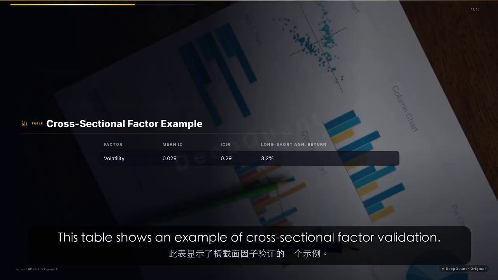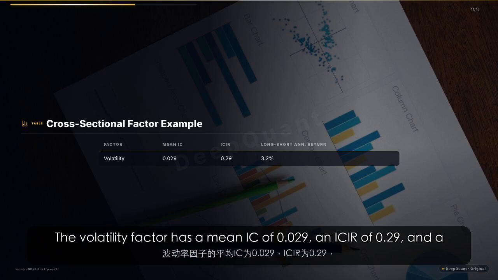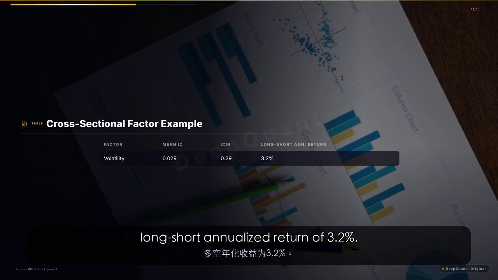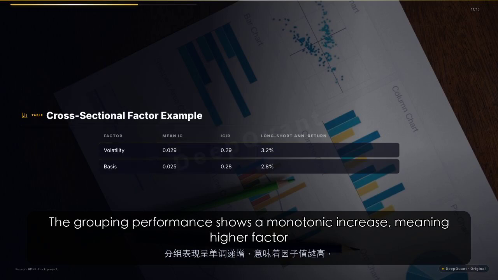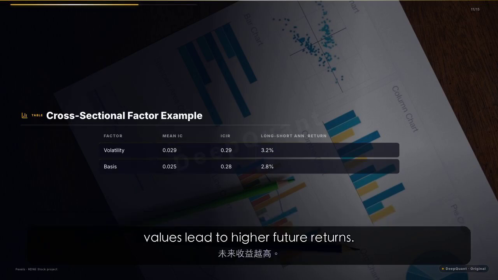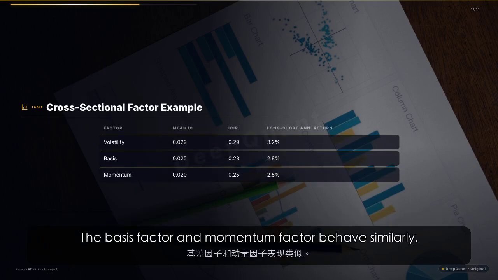This table shows an example of cross-sectional factor validation. The volatility factor has a mean IC of 0.029, an ICR of 0.29, and a long-short annualized return of 3.2%. The grouping performance shows a monotonic increase, meaning higher factor values lead to higher future returns. The basis factor and momentum factor behave similarly.